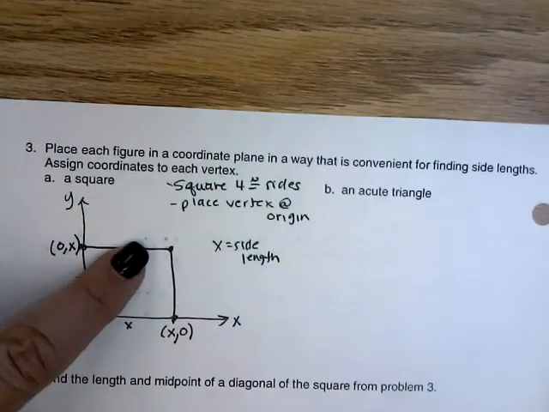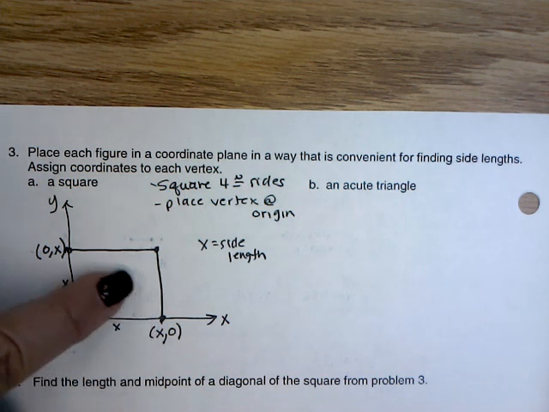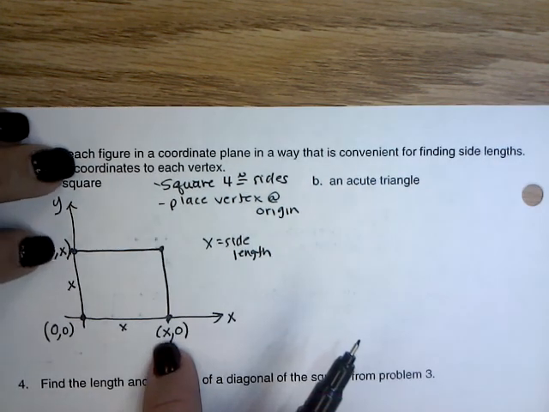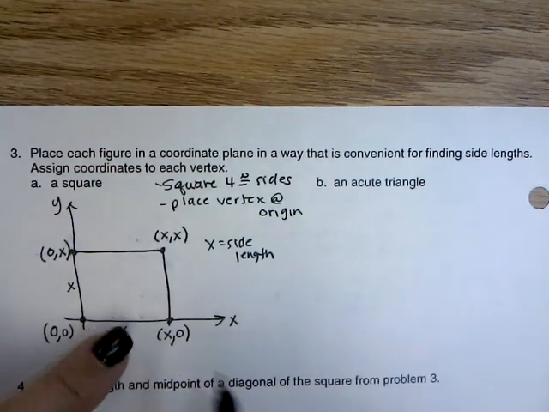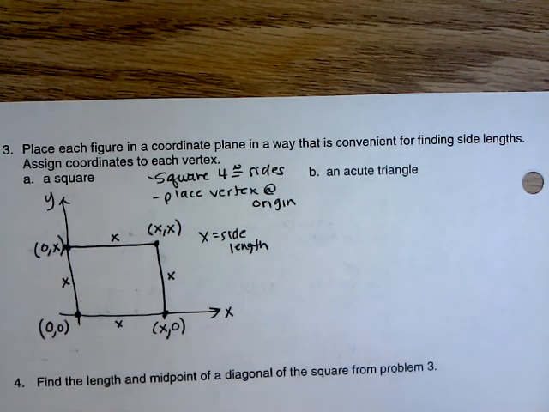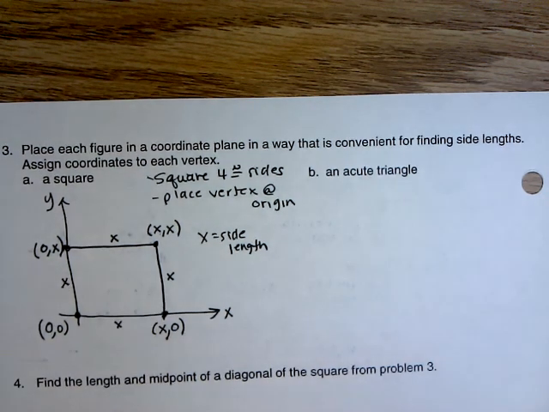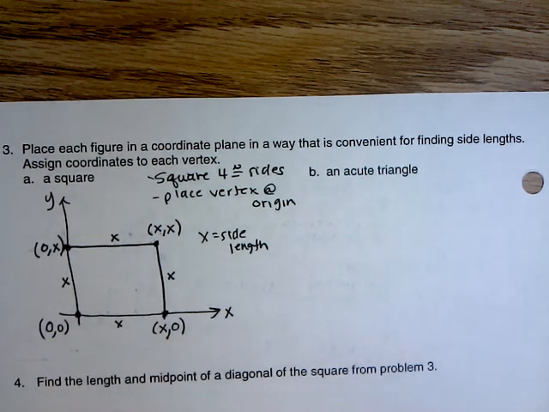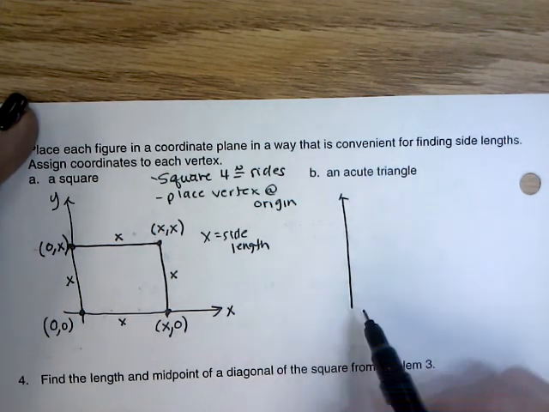So now, how do I determine this point over here? Well, it's where my x and my y come together. I went this far out and this far up. So the ordered pair is x, x, because all 4 sides are the same. It's just understanding what it means when you're placing it on. It's not meant to be tricky.